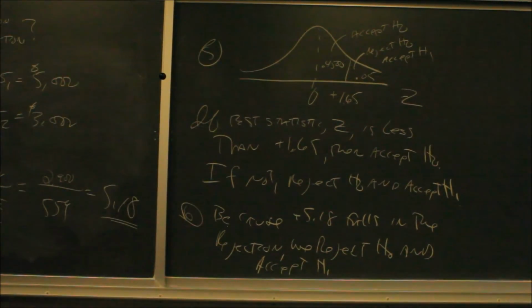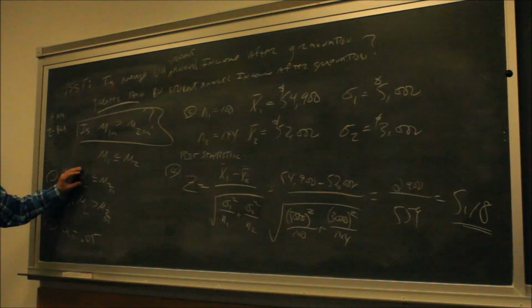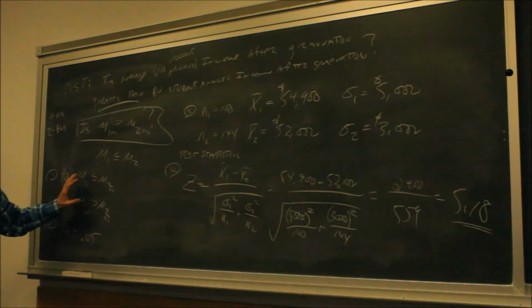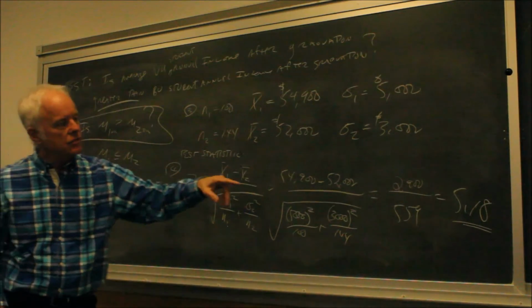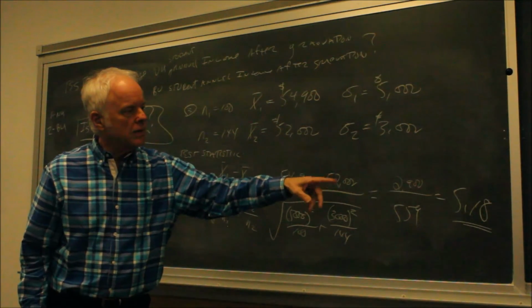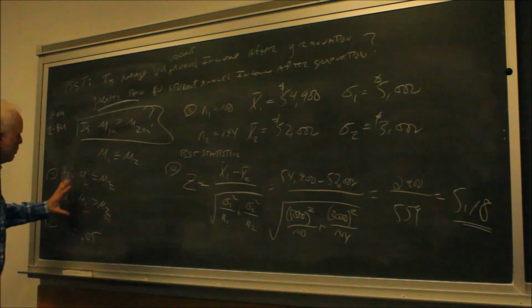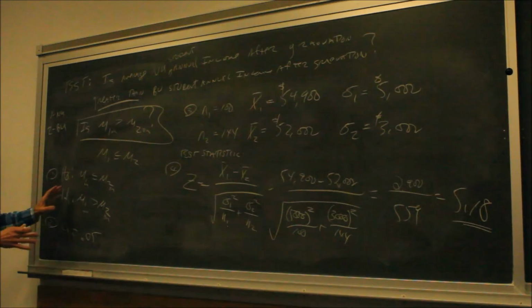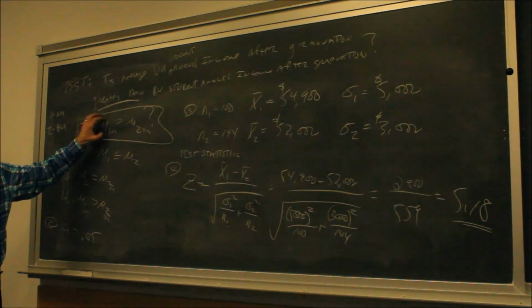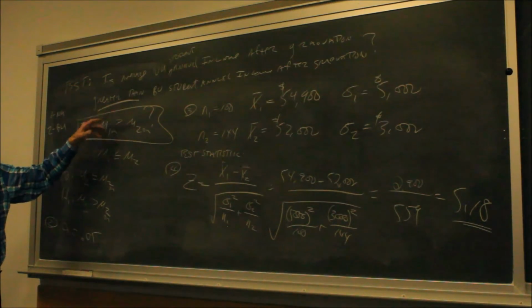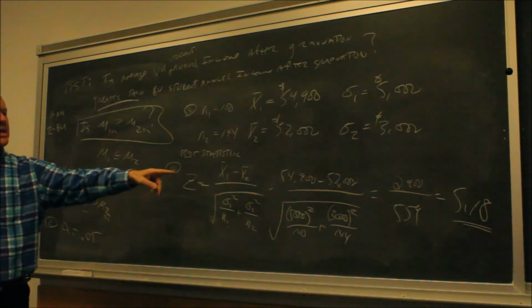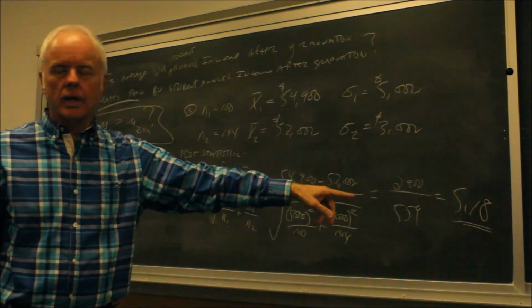Now, it depends on how you set up H0, because students don't always set H0 and H1 up the way I'd like to have it set up, which is this way. So it's important that you put down the first time around H0 and H1 correctly. Because if all you're going to say is reject H0 and accept H1, I go back here to see what it is. But now remember, you have to actually answer the question up here about the claim. And so over here, it would say reject H0, accept H1.